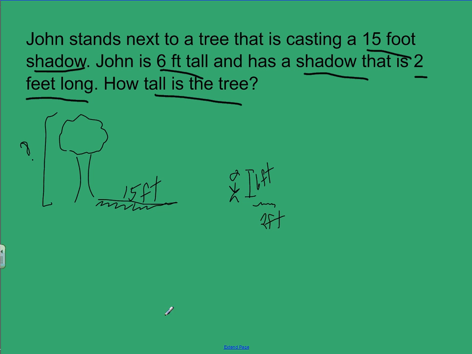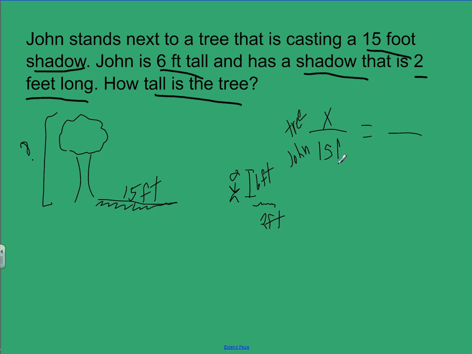So now we have to go to actually setting up the proportion. It's going to be a fraction equals a fraction. Put your little labels on so you know what's what. Let's call the top the tree and the bottom John. The tree is some height tall. We don't know how much. It's x. And it casts a shadow that is 15 feet long.